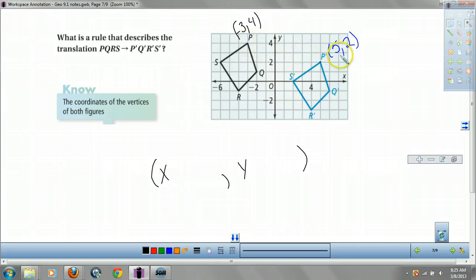How do I get from P to P prime? How far do I go to the right? What do I have to add to negative 3 to get to 5? I go over 1, 2, 3, 4, 5, 6, 7, 8. So I must be adding 8. Then what happens to my y? Well, that goes down. It goes down 2. And there we go. That's my rule. Not too bad.